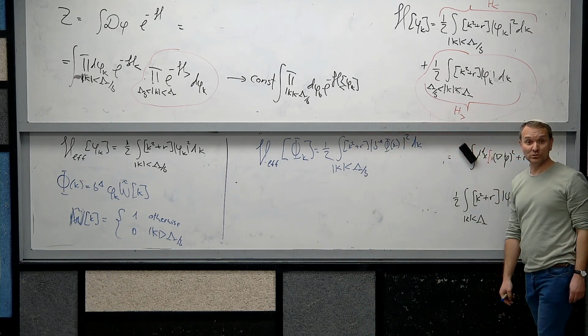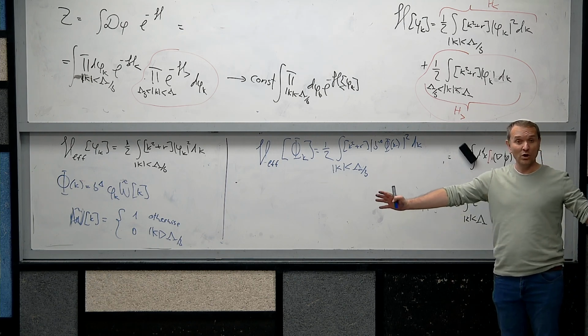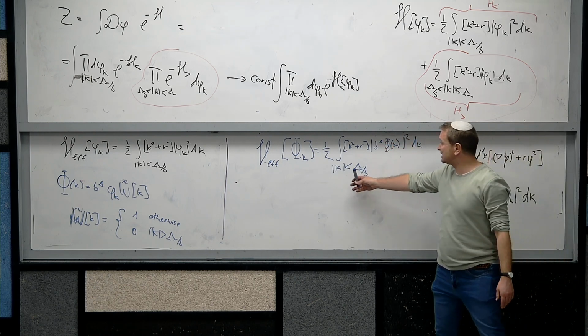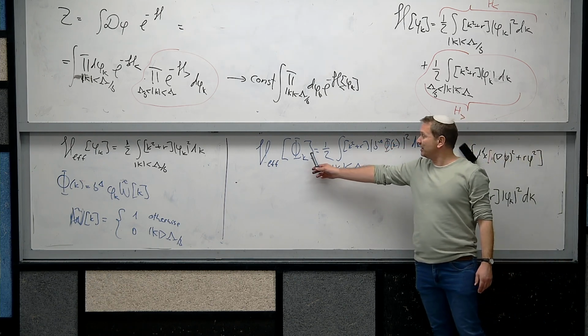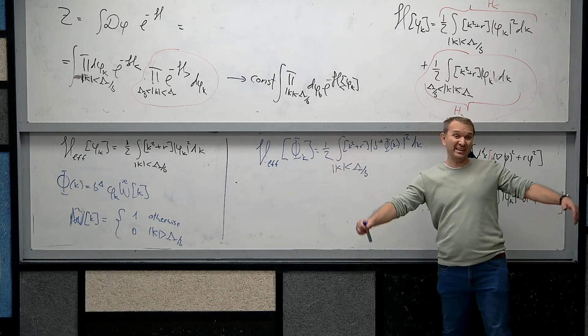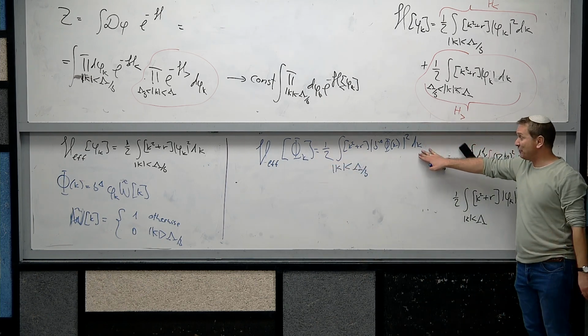This is our effective Hamiltonian. We integrated everything out. All the large k's are independent of the phi k's. We integrate them out. This is what's left. Okay.